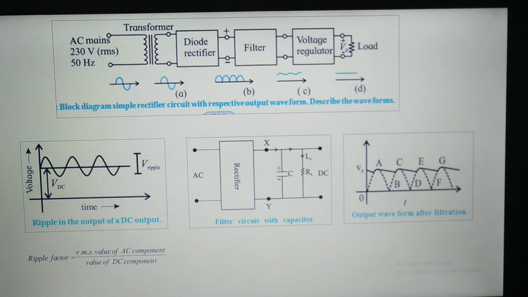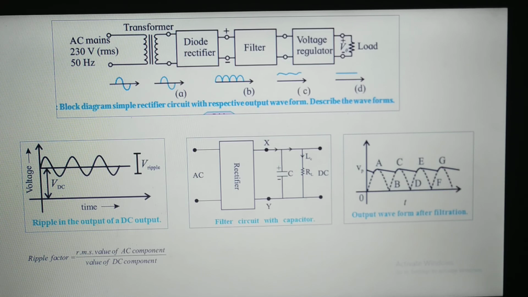After this, we applied this output to the filter circuit. The filter circuit will remove its AC component, and it will give somewhat of an output like this. We cannot say that each and every AC component is removed, but most of the AC components are removed, because the filter circuit will allow only DC components to pass through the circuit.